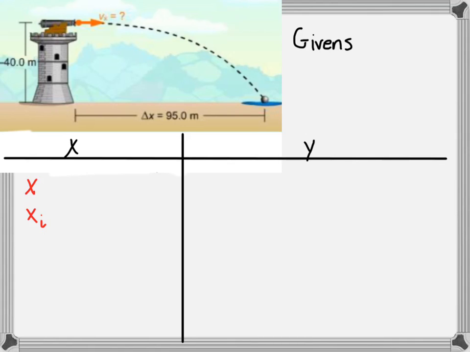The initial X position, we'll call this 0 when it starts. And then the final position of the projectile is going to be 95 meters. That was given to us in the problem. So I'm going to write xi equals 0 and x equals 95 meters.